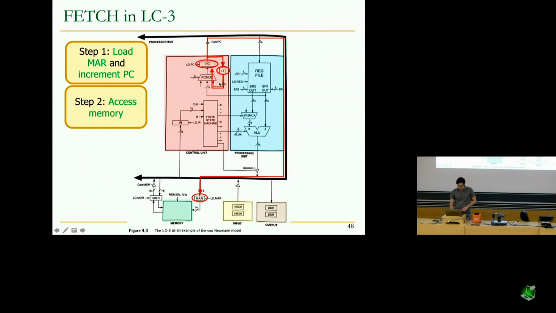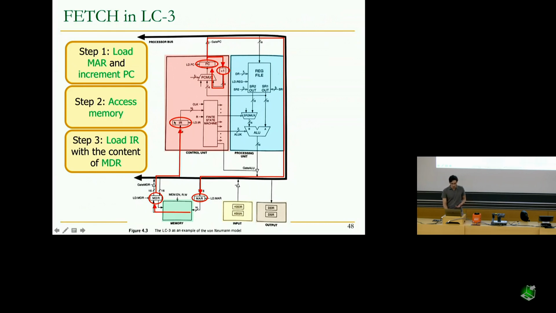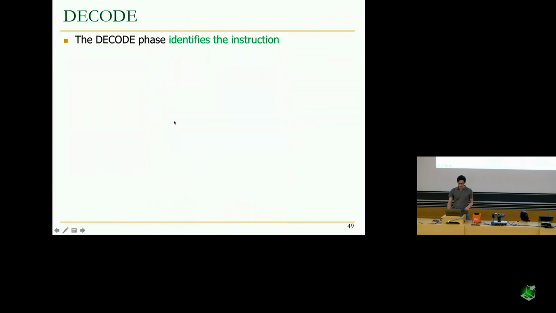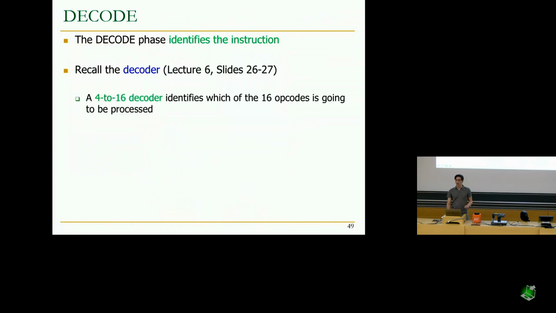In the second step, we read from memory and store the instruction in the MDR, and in the third step, we load the IR with the contents of the MDR. So now we have our instruction in the IR. And next, we will decode it. That's something that the control unit will do. How the control unit decodes the instruction is something that you can already figure out. It uses a decoder. You're already familiar with the decoder.